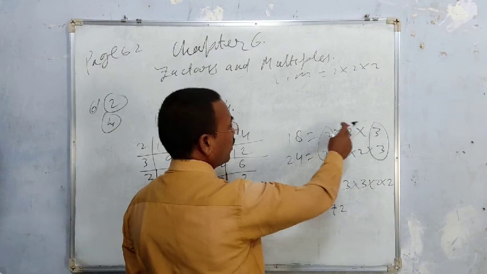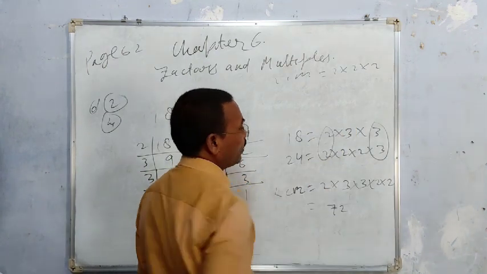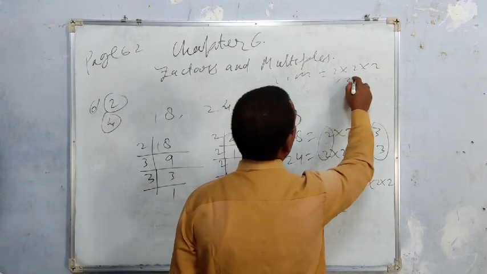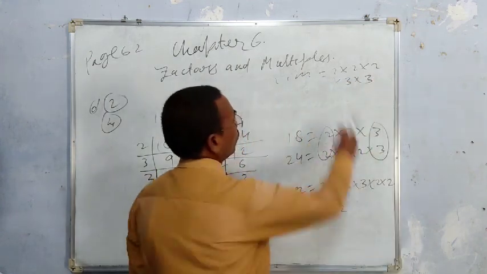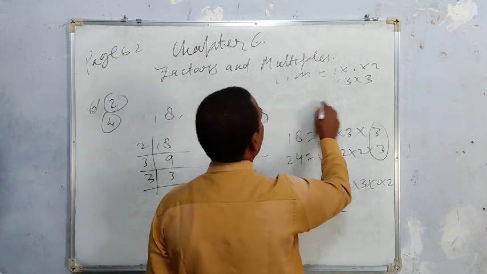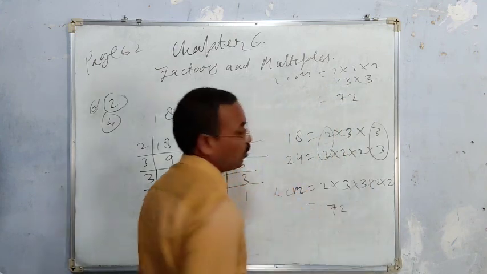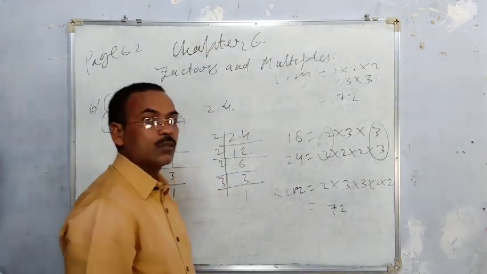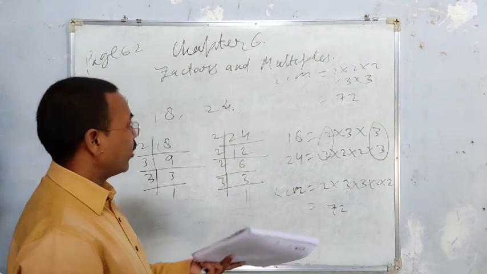And 3 is coming here 2 times and here 1 time. So between 1 and 2, 2 is the maximum, so 3 should be multiplied 2 times. 2 2s are 4, 2 is 8, 3 is 24, 24 3 times is 72. So you can use this or that method. I hope you understand.